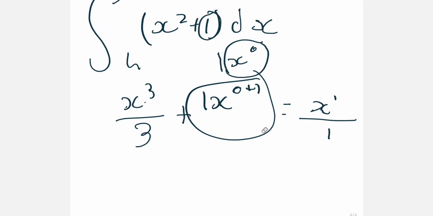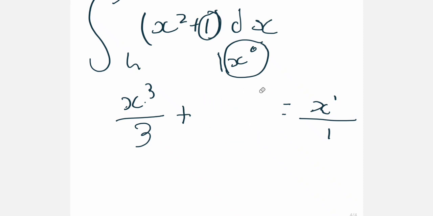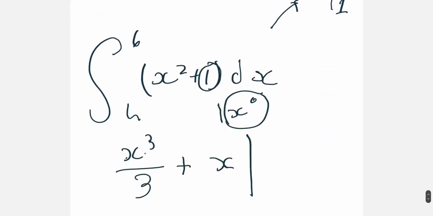So we can take out this, as we don't need this stuff, and we'll change this to just x. So now we're going to plug in our a and b, which are 4 and 6.